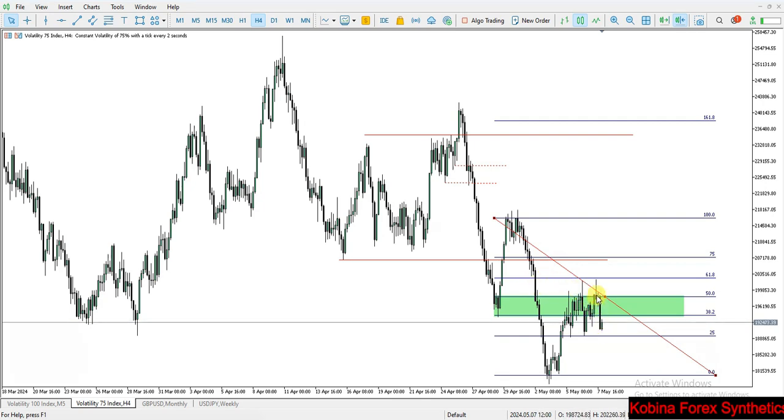Okay, so price was in premium, and then we are looking at price trading beneath, seeking more premium prices to run all the discount prices beneath this low.